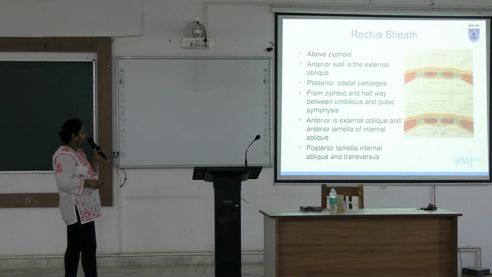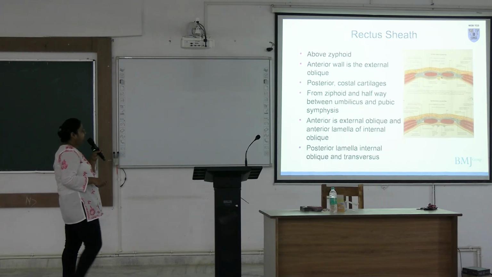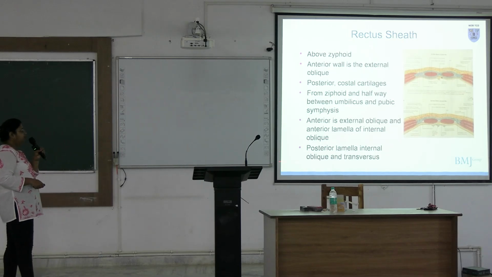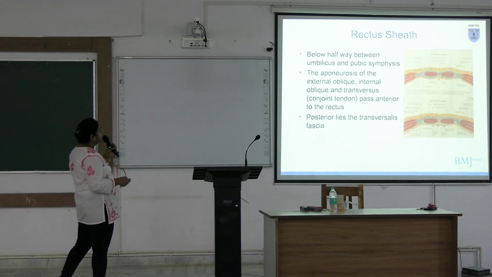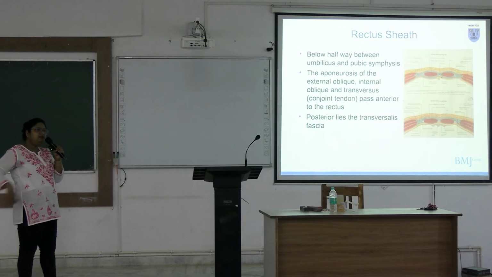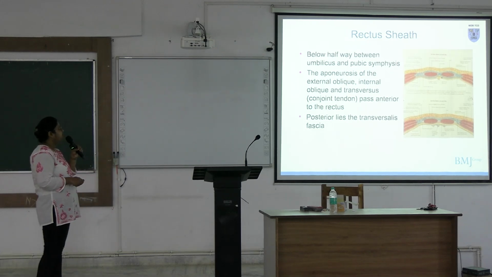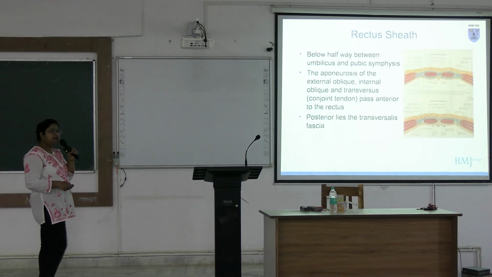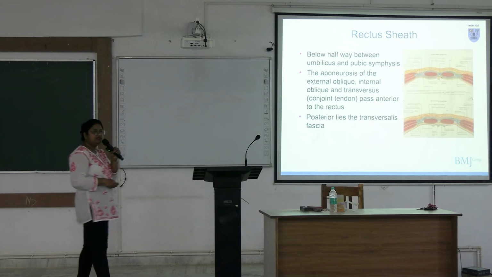So from the xiphoid to halfway between the umbilicus and pubic symphysis, the anterior layer is formed by external oblique and the anterior lamella of internal oblique, and the posterior layer is formed by the posterior lamella of internal oblique and transversus abdominis. And below halfway between the umbilicus and pubic symphysis, here the posterior layer is deficient. So the aponeuroses of all the muscles, external oblique, internal oblique, transversus abdominis, all pass anterior to the rectus abdominis, and posteriorly it lies over the fascia transversalis.